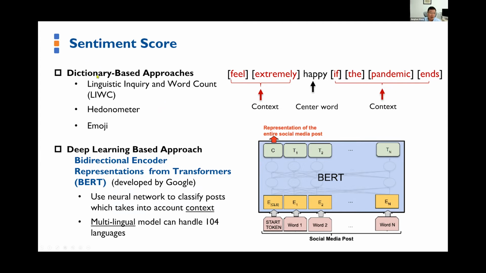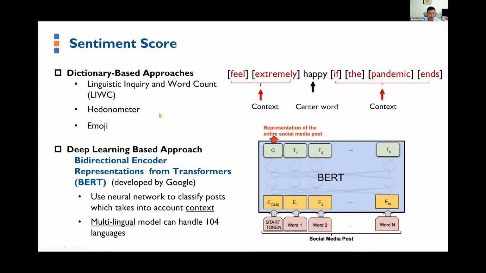That's why we call it dictionary-based: every such method has dictionaries containing positive words or negative words, and uses a matching way to determine the sentiment of each sentence or paragraph.